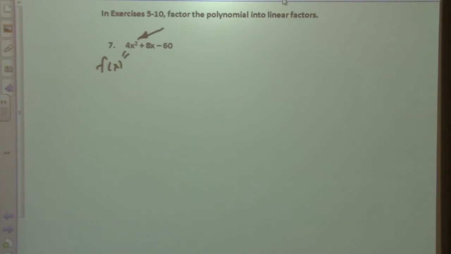What do you get for this, Karina? So she says factor the 4 out here. And so that's going to be 4 times x squared plus 2x minus, what do you say, 15?